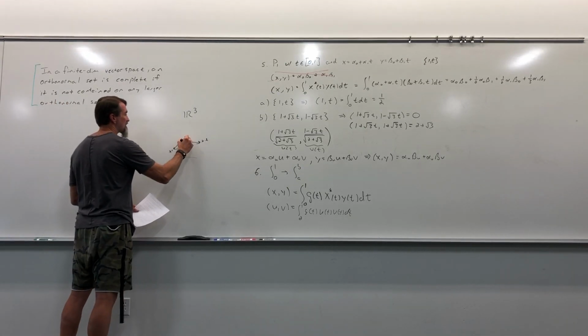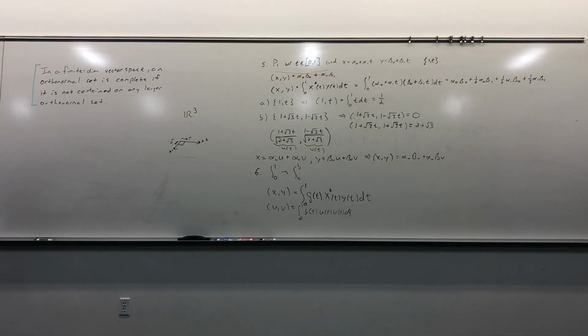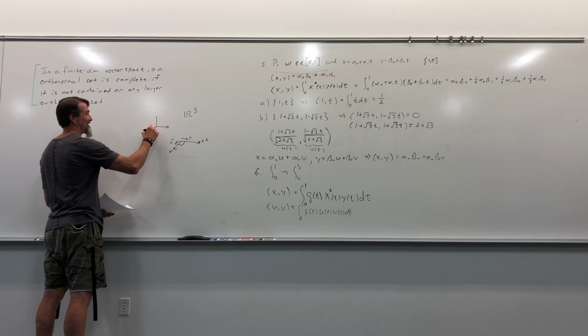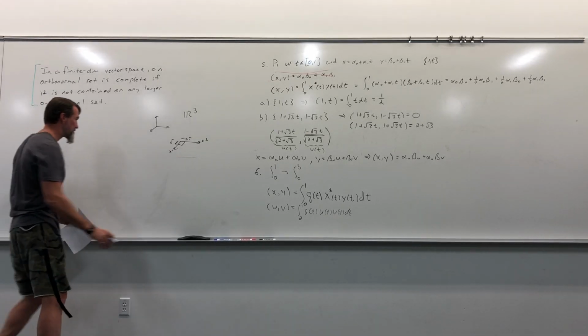I mean, technically I would call this i hat and j hat, but notation-wise we can be loose. Okay, is it complete? No, because there is an orthonormal set which contains this orthonormal set in R3. I mean, does that make sense? Okay.